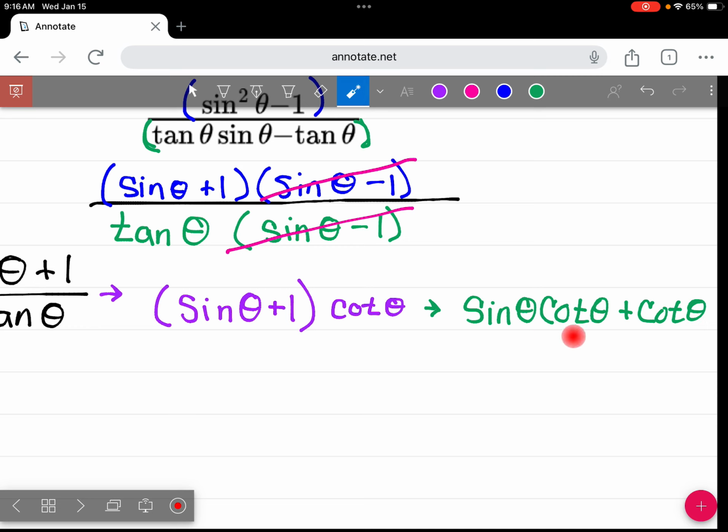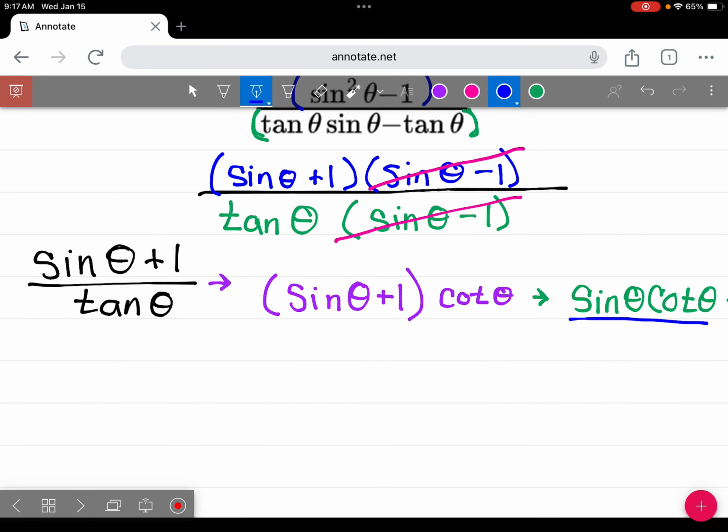And then this guy, I can switch into sine and cosine to see if I can get anything to cancel out. I am fine with having a cotangent here. I just want to see if this guy will simplify. This one, so I'm going to rewrite that as sine theta times cotangent. How do we write cotangent in sines and cosines? It's cosine over sine.